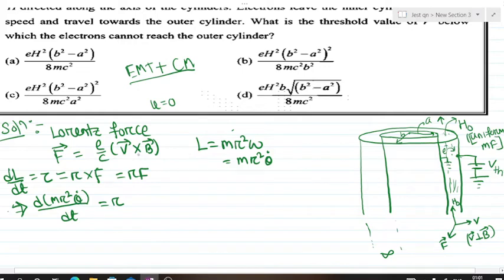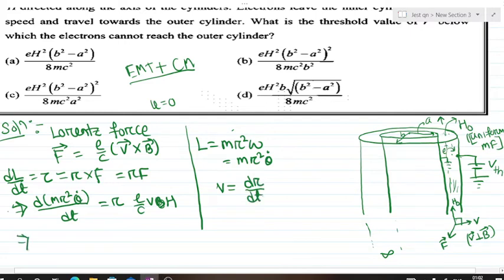Put the value of F. Also see that the magnetic field B and the force F are perpendicular to each other, and v is perpendicular to B, so we can write F as e by c v B. Here B is the magnetic field, so instead of B we can write H. And velocity we can write as dr by dt.